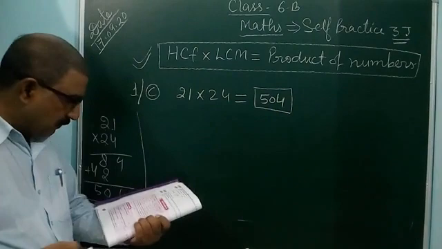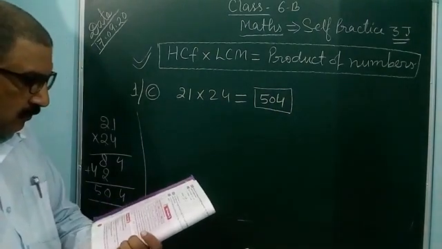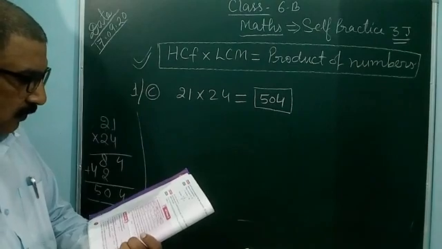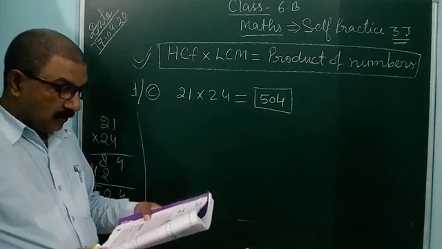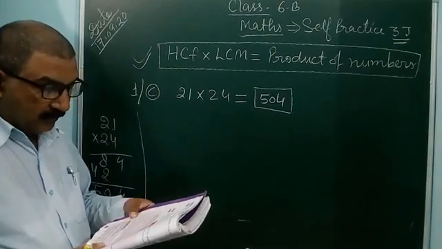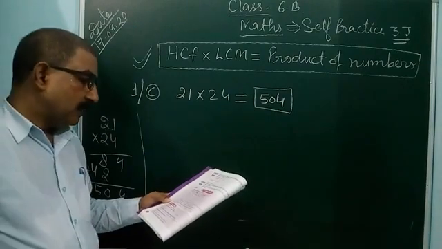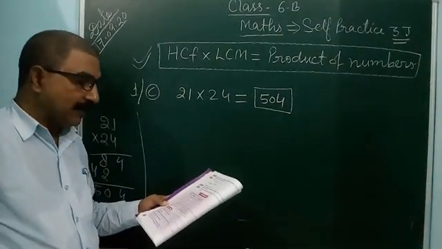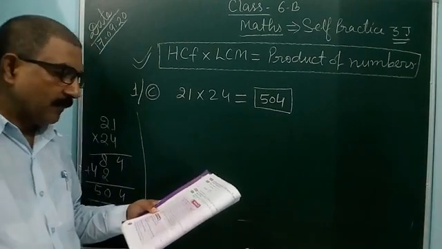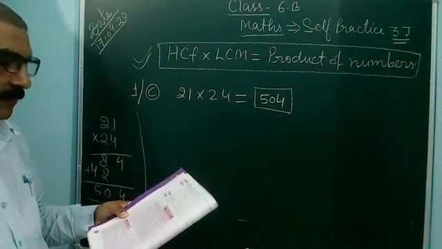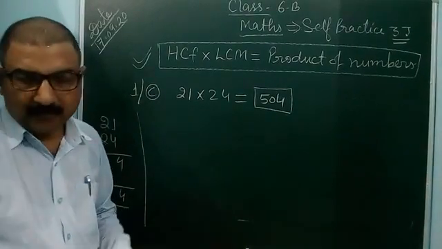After this, in the second column, what will be the LCM and HCF both? You can find out the LCM and HCF of the numbers, then you can prove this. Without explaining, don't do it, because there is no HCF and there is no LCM given.